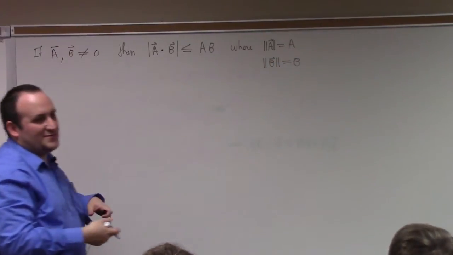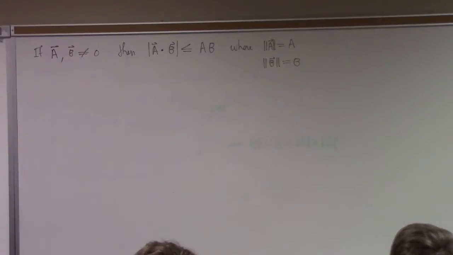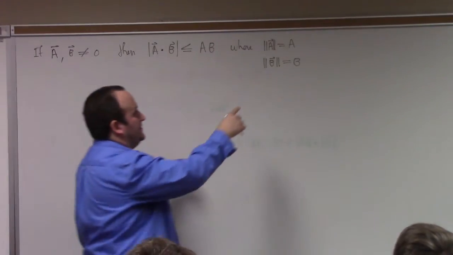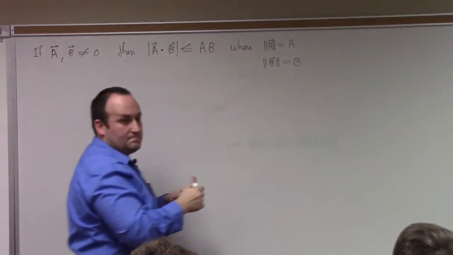Honestly, folks, it's not an accident that I use the double bar notation. I use the double bar notation in these proofs to draw attention to the fact that I'm making a distinction between the vector and the number, right? But at some point that gets old. The notation gets very tiresome, so it's much nicer to drop the vector notation for magnitude, okay?